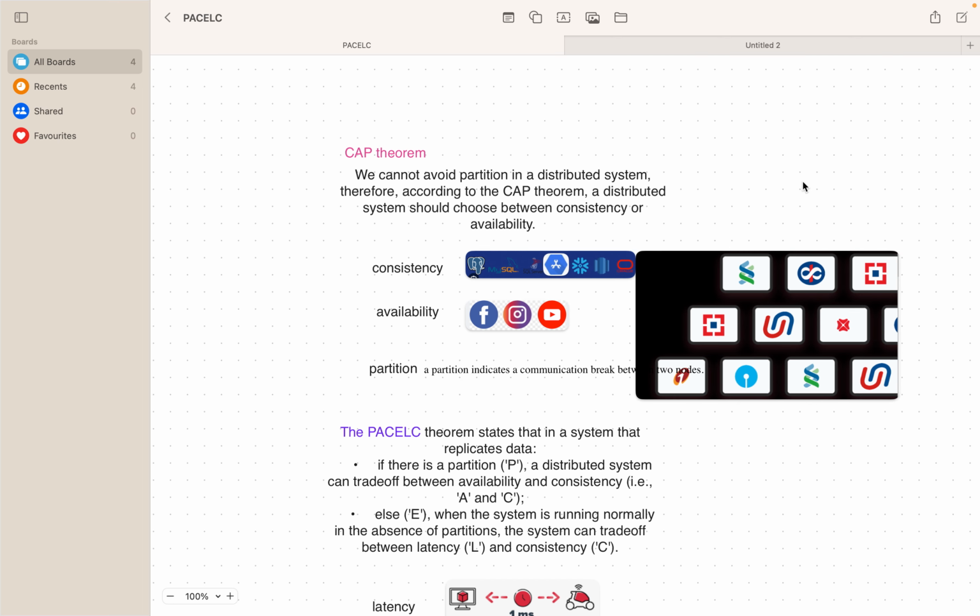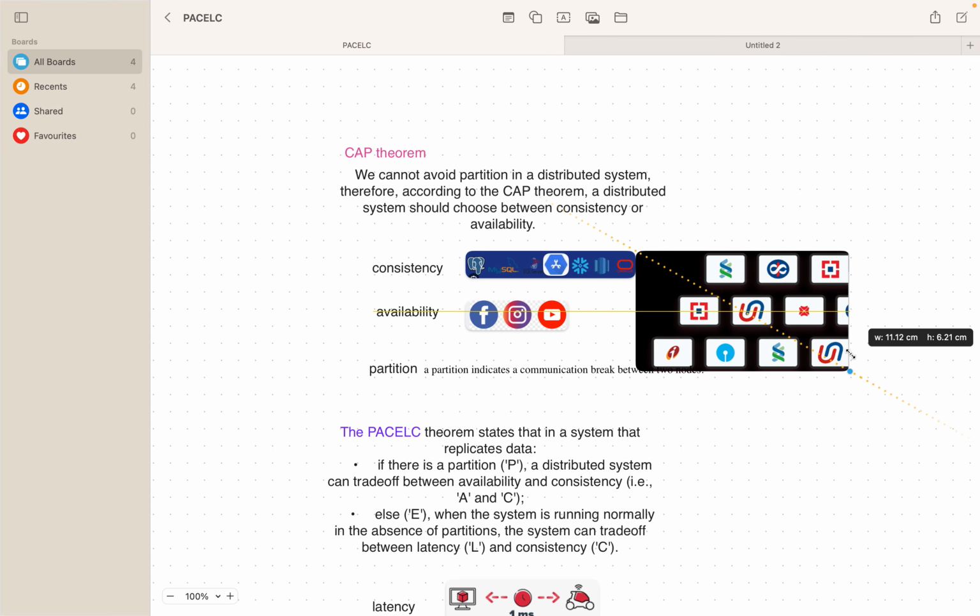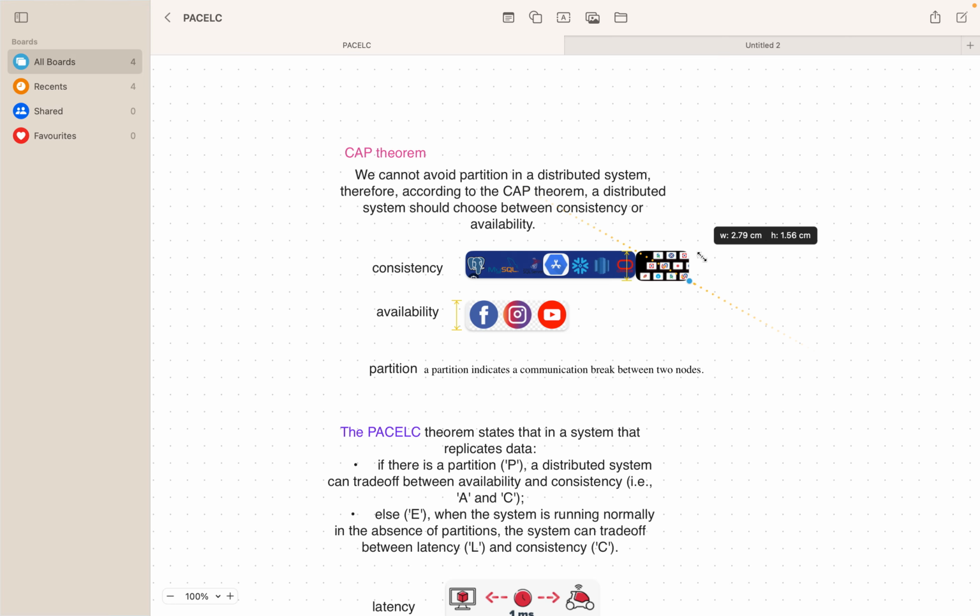There would be a 1 hour or 2 hour window for banking apps when they are in maintenance mode. Why is this happening? Because they want consistent data every time.